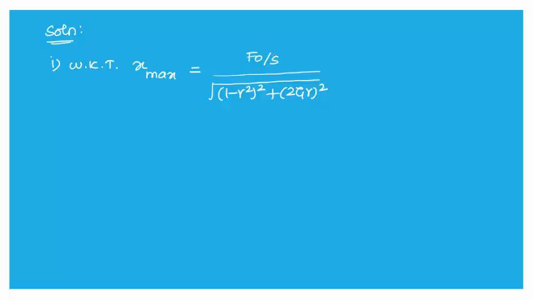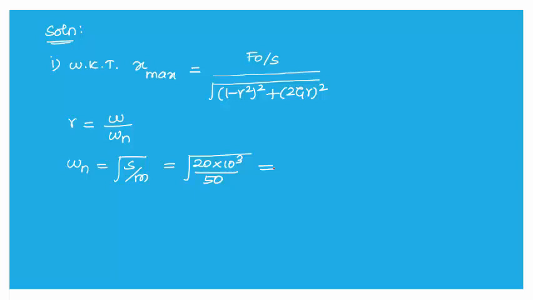F naught value we can take from the data given in the problem. S value is also available in the problem. r is the frequency ratio, that is the ratio of forced circular frequency and the natural circular frequency, so omega by omega n. Omega value is also available in the problem statement. To calculate omega n, that is the natural circular frequency, we can use the formula root of S by m. So S is 20 into 10 power 3 newton per meter and mass of the elastic structure is 50 kilogram.